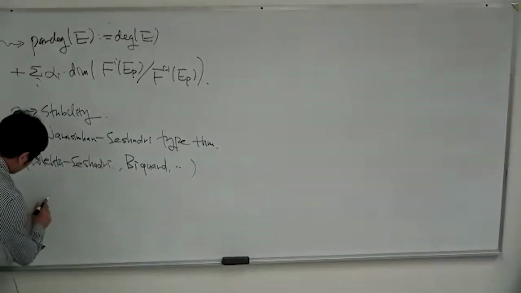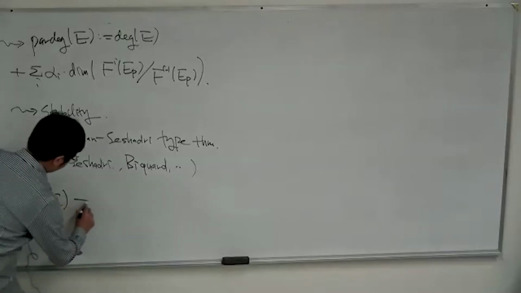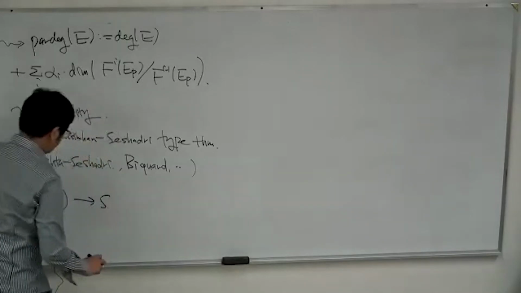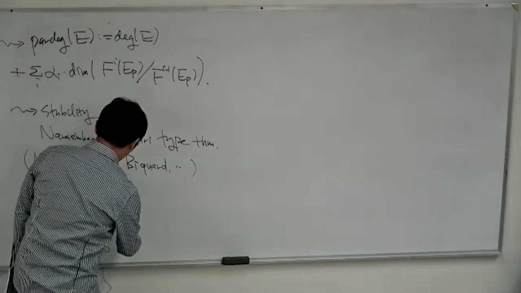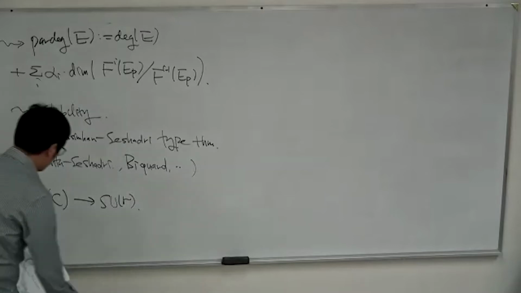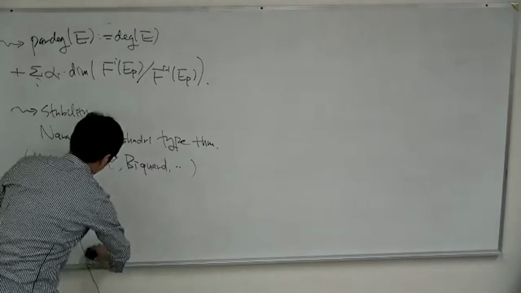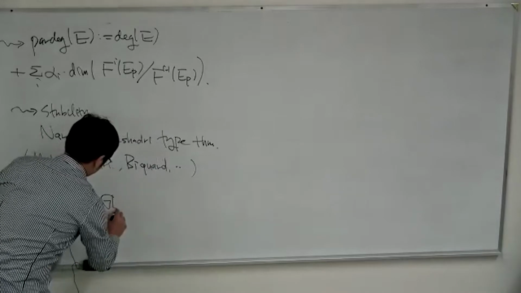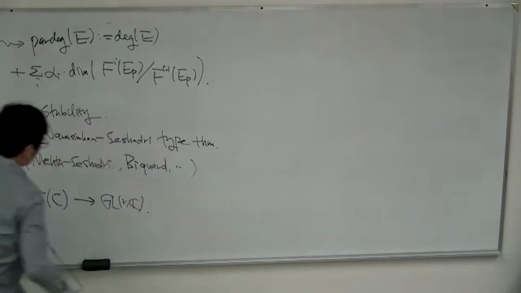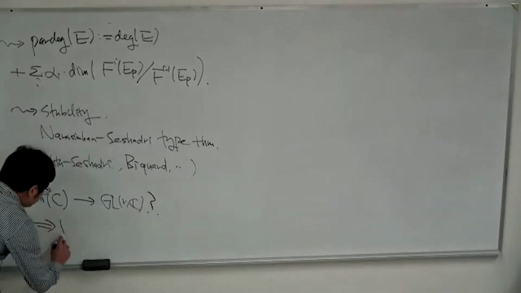The Narasimhan-Seshadri theorem considers unitary vector bundles, but we can also generalize this structure group to the general linear group. So I consider this representation, and this gives me the notion of a Higgs bundle.